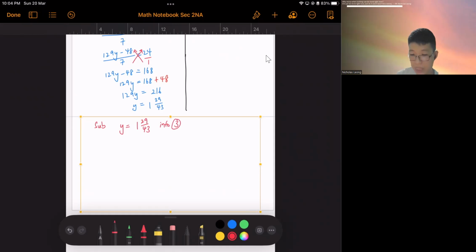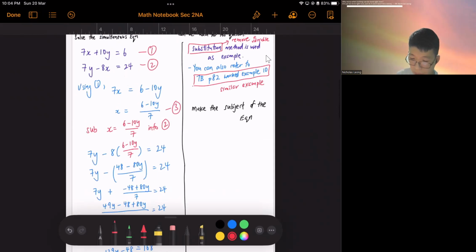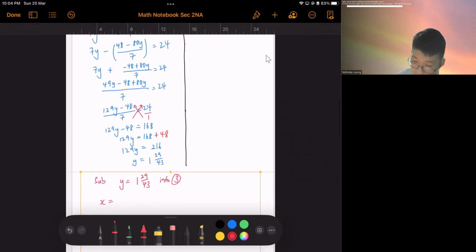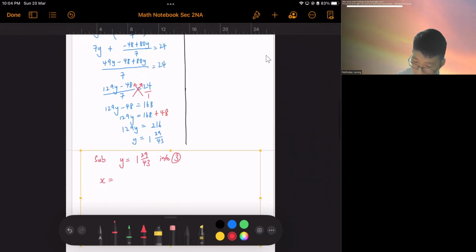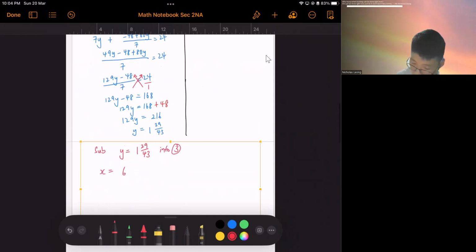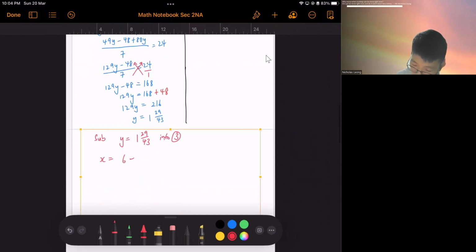So what is my equation 3? You look back to the top. Equation 3 is x equals 6 minus 10y, so since it's y, I put a bracket, over 7. So I put in my value of y, 1 whole and 29 over 43.